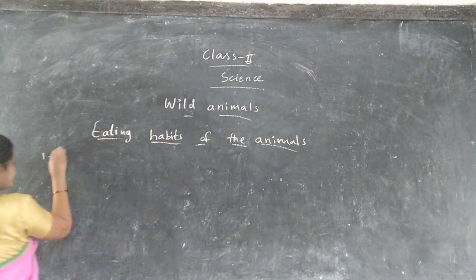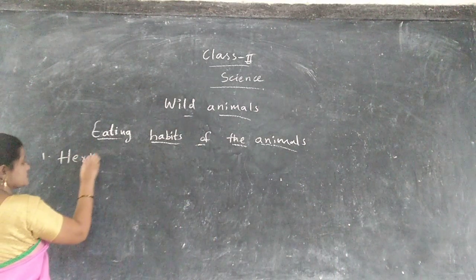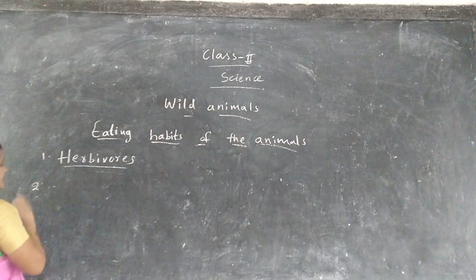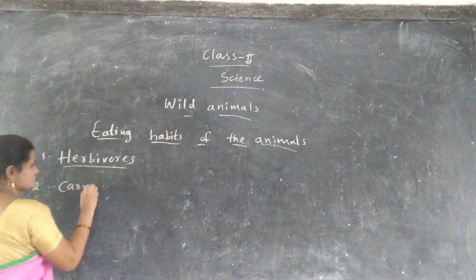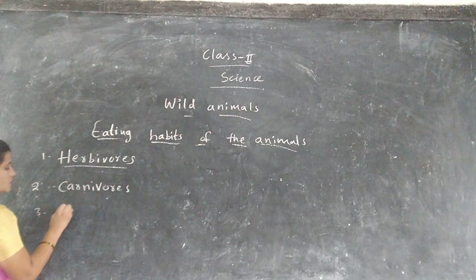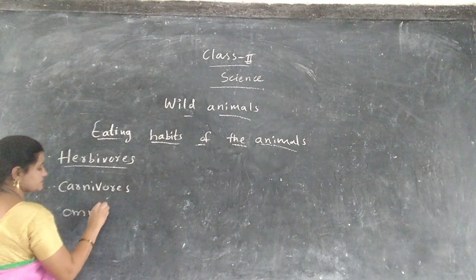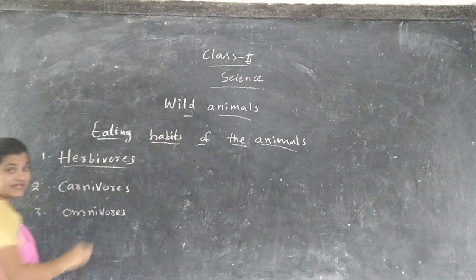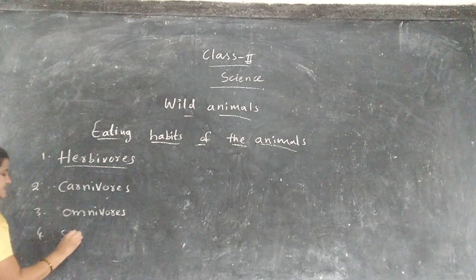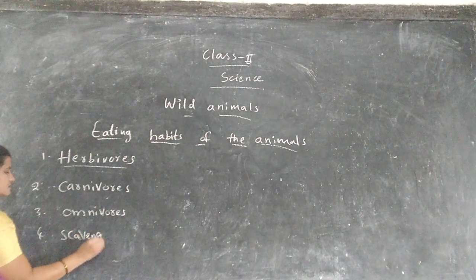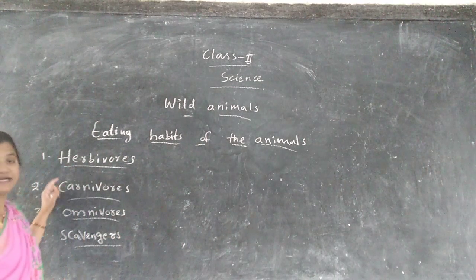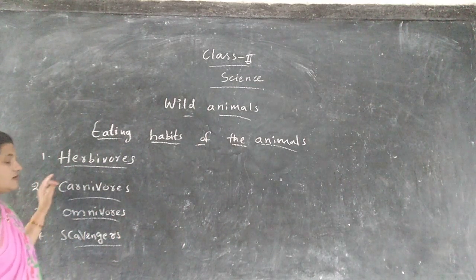The first is known as herbivores. Second is known as carnivores. And the third one, omnivores. And one more category is also there, that is known as scavengers. We will learn about each one of them.